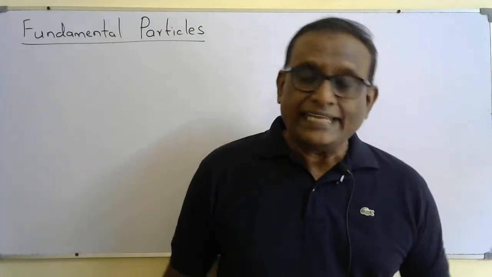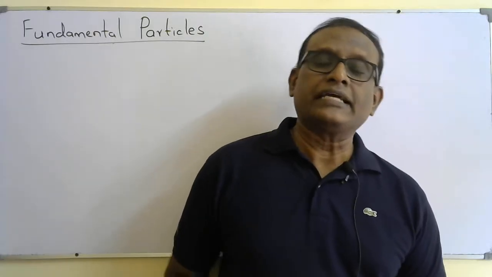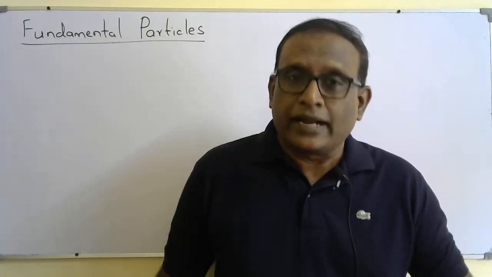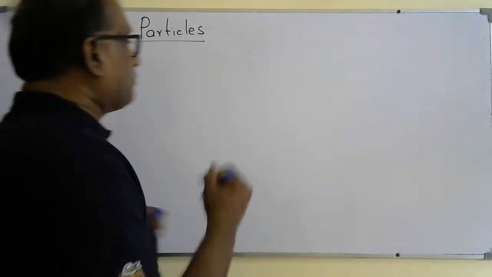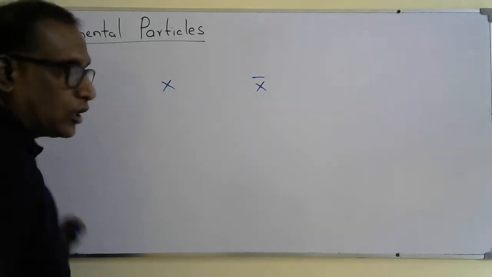Okay, so what is antiparticle or antimatter? That is also in your syllabus. Say, for example, if X is a particle, its antiparticle is generally denoted by a bar on top of it.